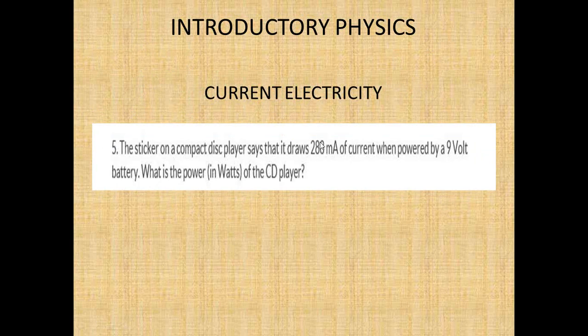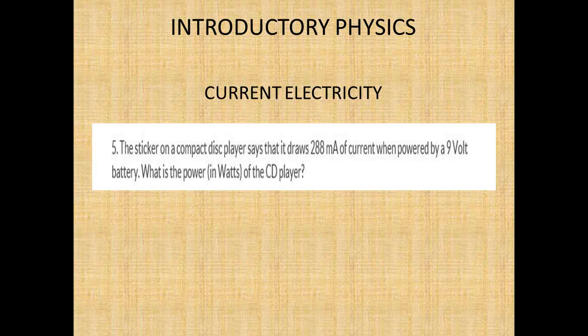So this will be 0.288 amps. So you have to make sure that the units correspond. If you don't do that, it's going to be incorrect. So once you make sure the unit is correct, you have current and you have volts. So power is equal to VI.